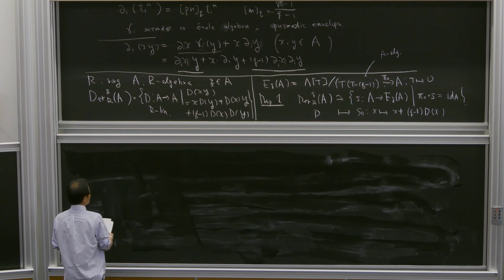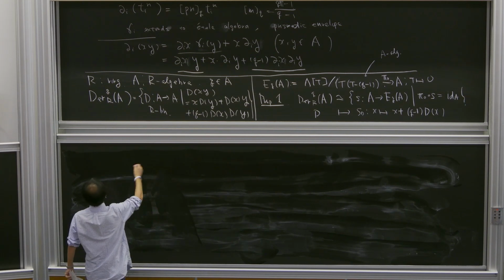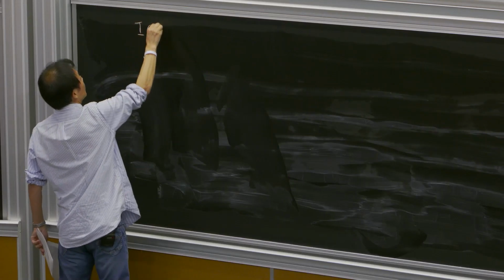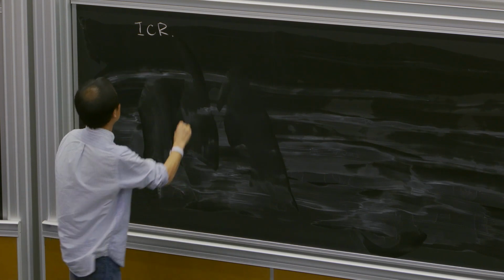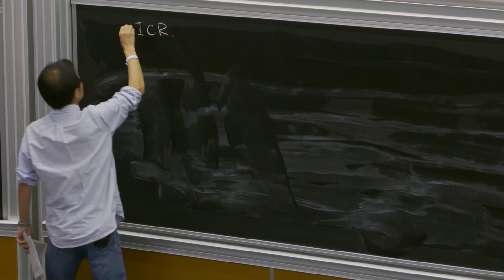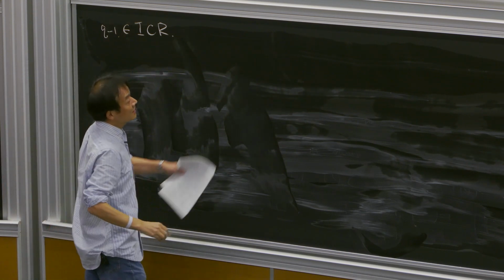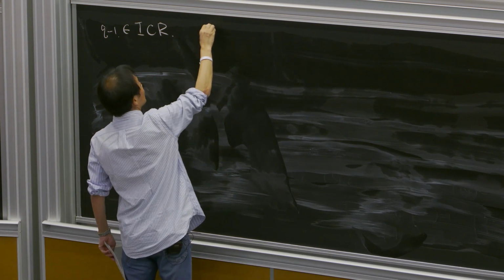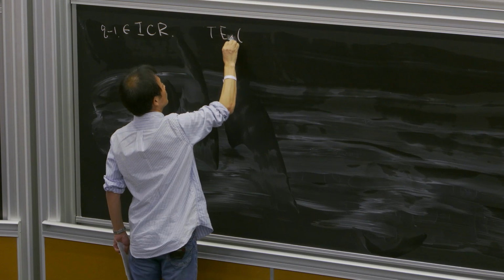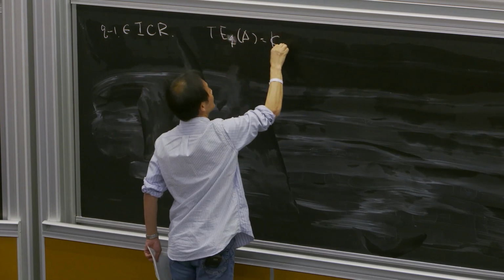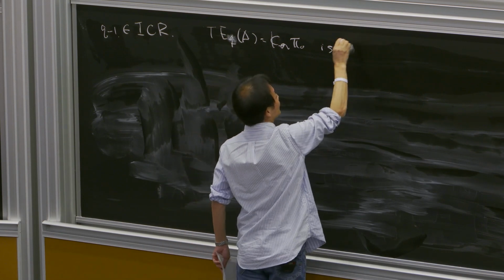For example, in this description, suppose we are given an ideal I of R which contains q minus 1. Then the ideal T of E_q(A), which is the kernel of pi_0, is I-adically nilpotent.